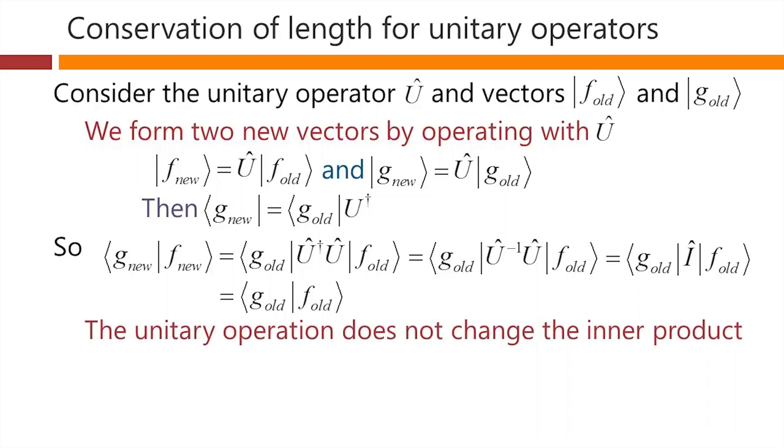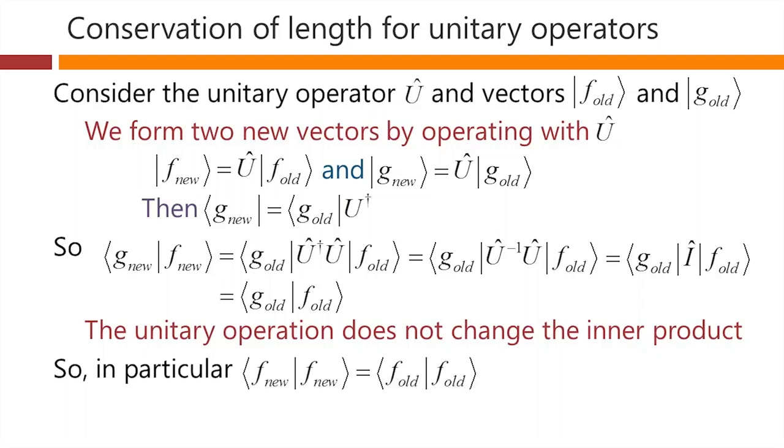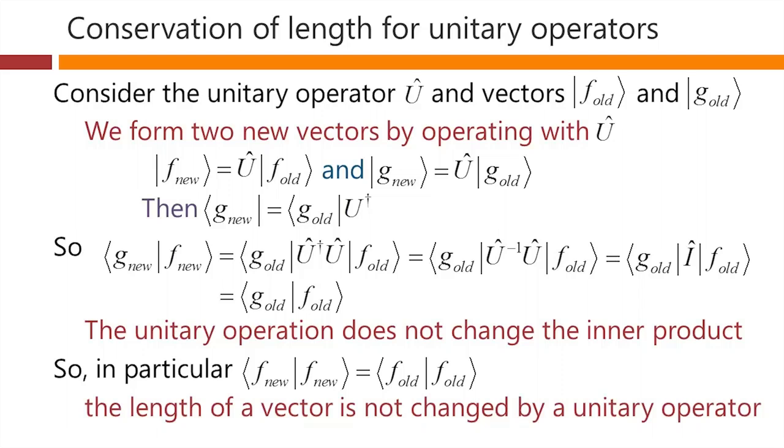So specifically, the unitary operation does not change the inner product, and in particular, it doesn't change the inner product of a vector with itself, because these G's and F's were arbitrary, so we can make them the same if we want to. So this unitary operation does not change the inner product of a vector with itself, and that means it does not change the length of a vector. So a unitary operator is one that does not change the length of a vector.